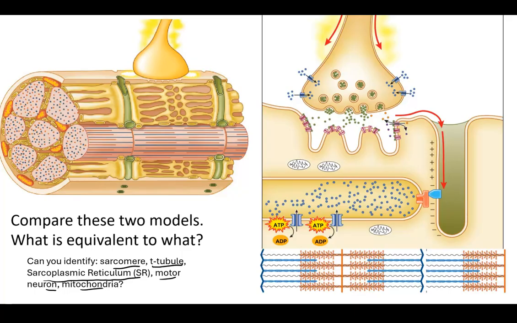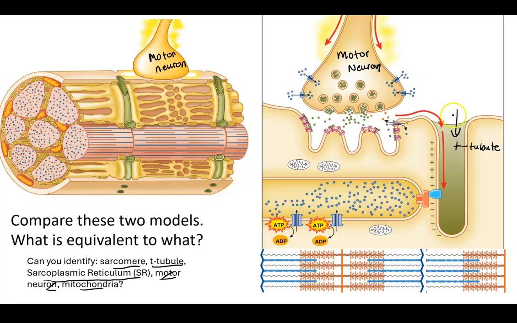Okay, so on the left here, we have the motor neuron, which is over here on the right as well. Okay, so we got motor neuron. Let's do T-tubule. T-tubule is this part here.